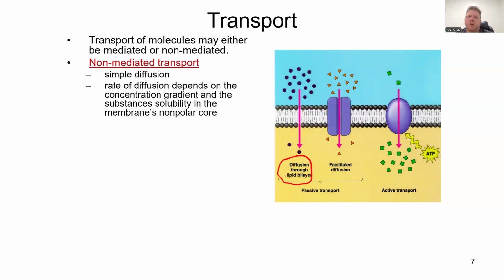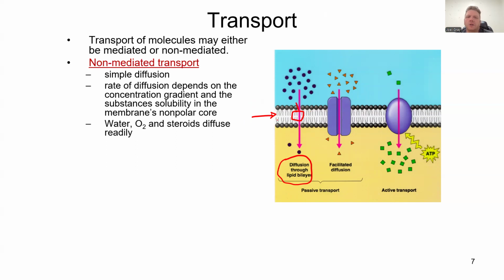Now, the rate of that diffusion depends on the concentration gradient and the substance's solubility in the membrane's nonpolar core, which is an important thing to remember. Within that lipid bilayer, that's a nonpolar region. So you might have something that can make it across, but once it gets into this space, it might really not like it, or it might be super comfortable there, in which case it's going to stay.